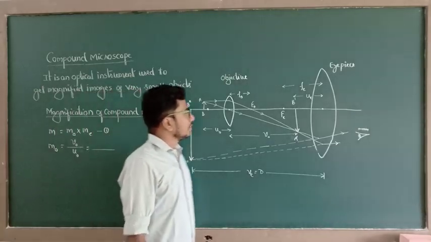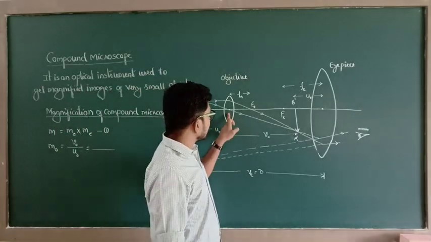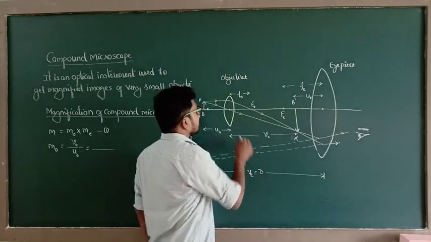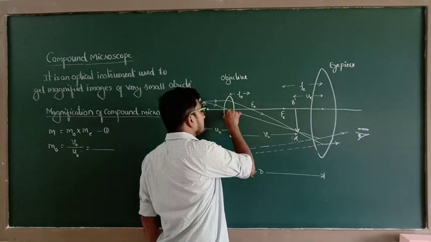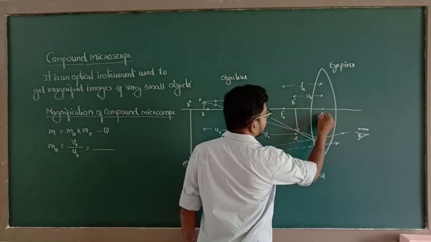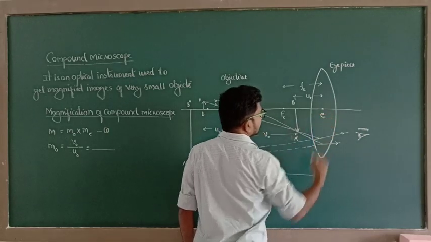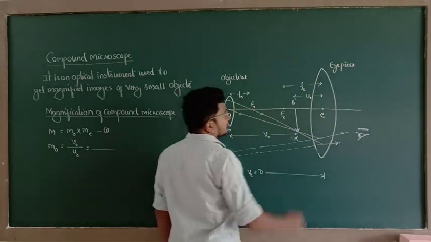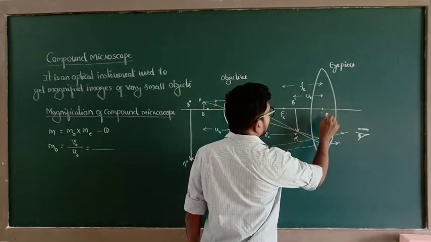See here, the distance between the optical center of the objective and the optical center of the eyepiece.